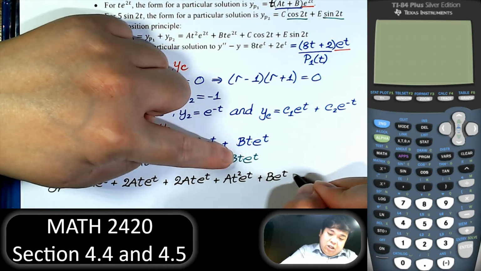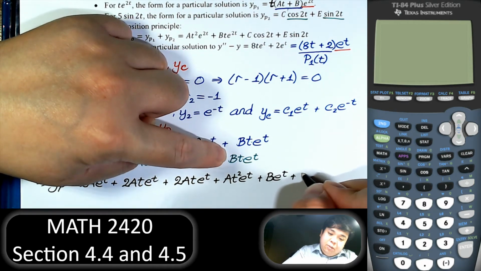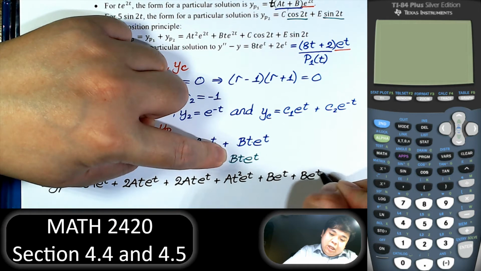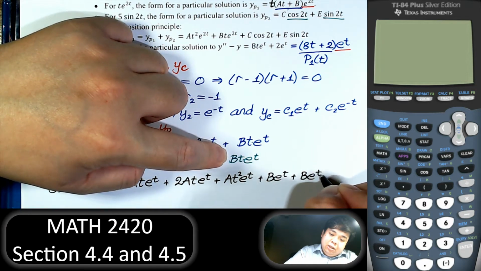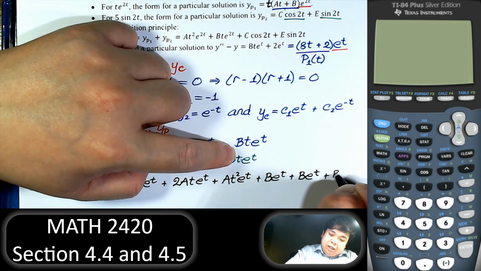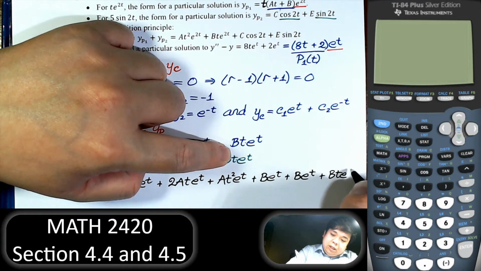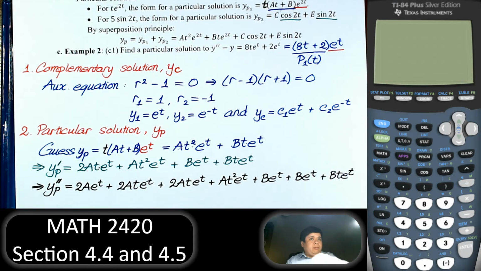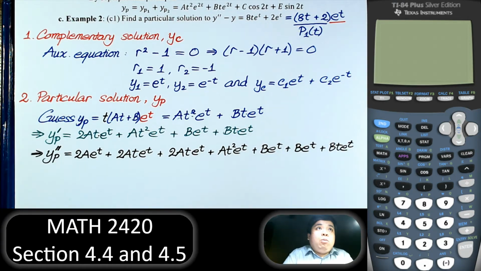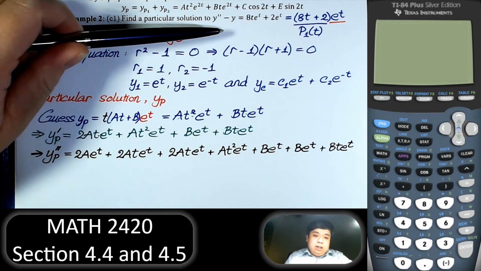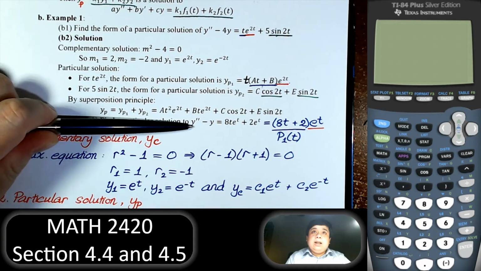And then the next one is still product rule, b e to the t plus bt e to the t. Right, now put all of this together, substitute into that equation.